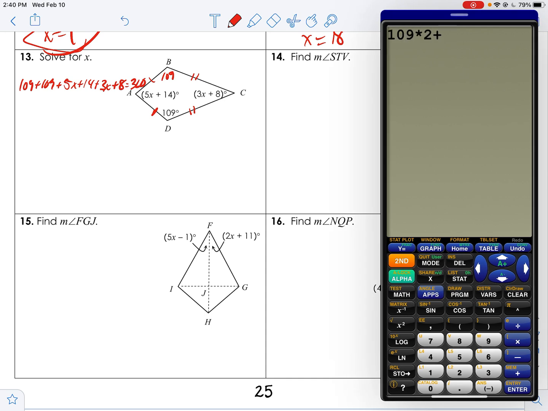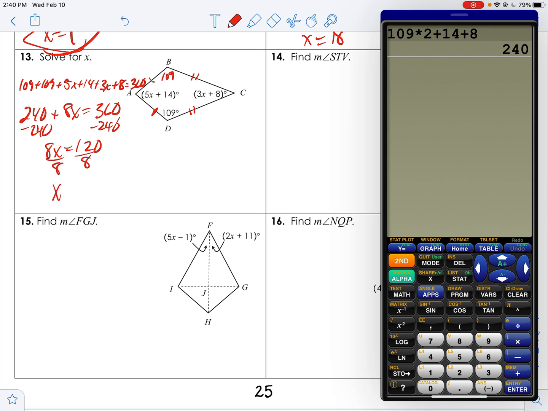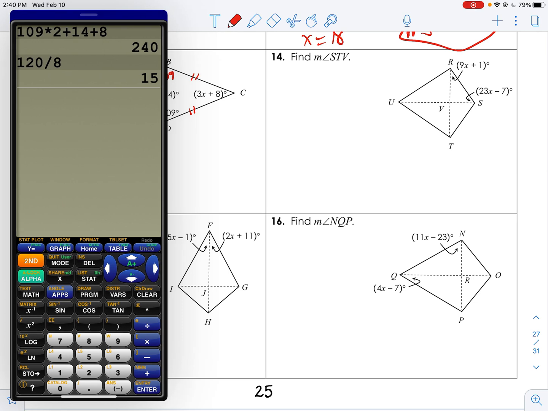Whew, Lord have mercy. 109 times 2 is fine, plus 14 plus 8, 240 plus 5x and 3x is 8x equals 360 minus 240. 8x equals 120 divided by 8. 120 divided by 8 is 15. Did it say solve for x? It did. I found it.